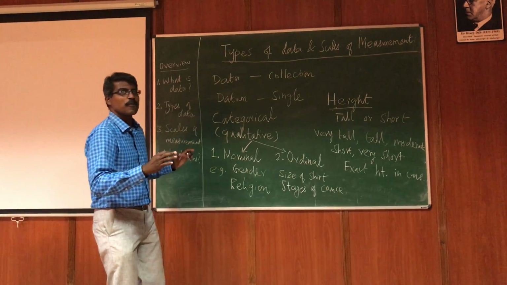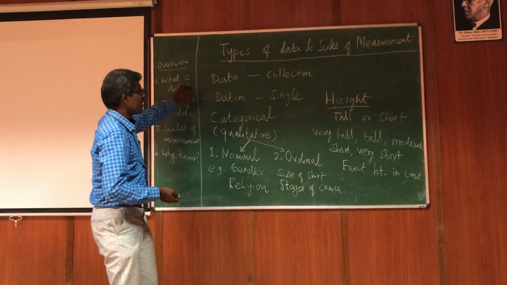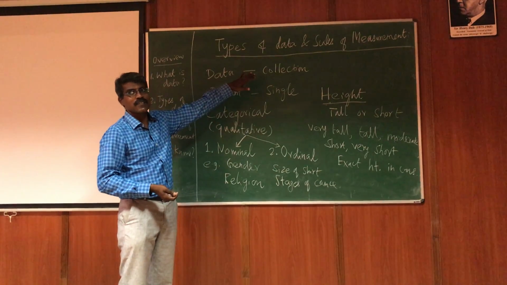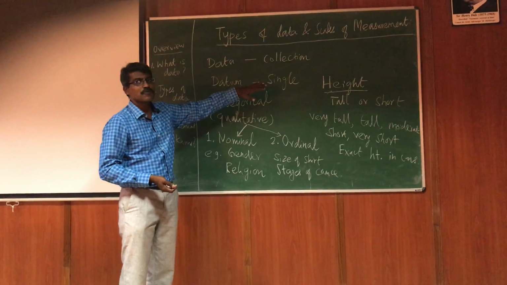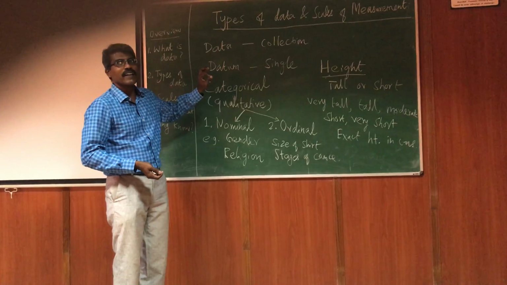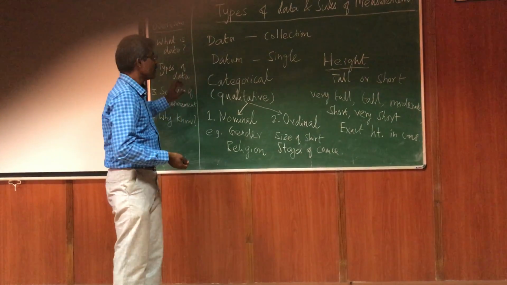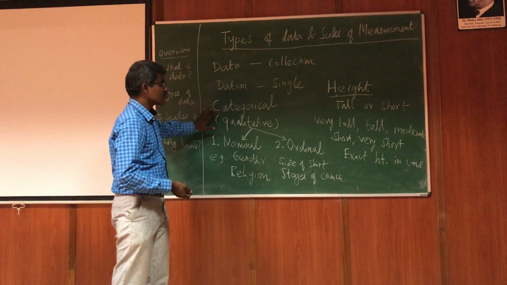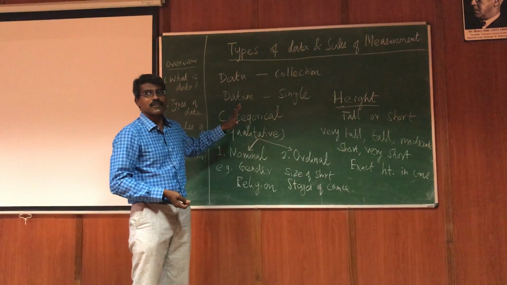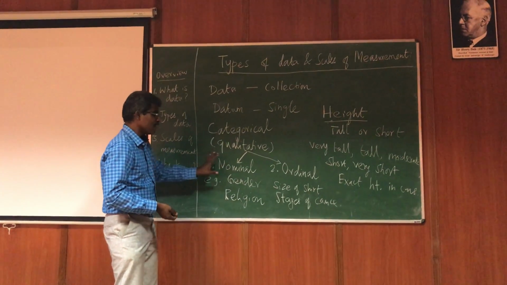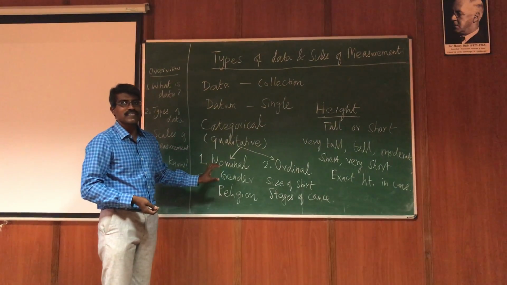So to summarize this whole session, data is a collection of measurements, and datum refers to a single observation. It's of two types. One is called categorical data, the other one is numerical. And we have nominal, which as the name implies gives only a name.